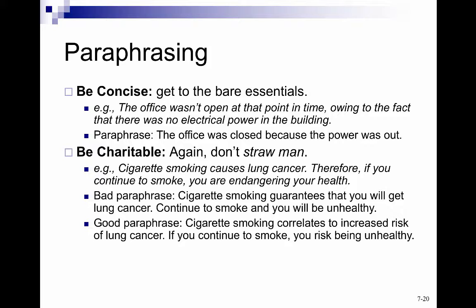This is an example of conciseness that involves using less words to get to the essence of the meaning. Sometimes, however, you might need more words than the original statement to be concise. The book gives a good example of seeing a road sign that says, "Watch children." What does that mean? Well, a good paraphrase of it might be, watch for children playing near the road as they may dart out unexpectedly.